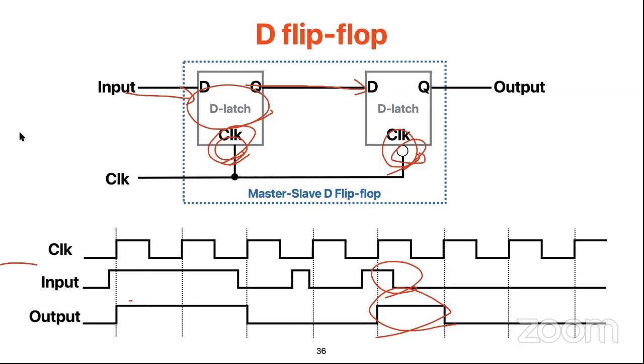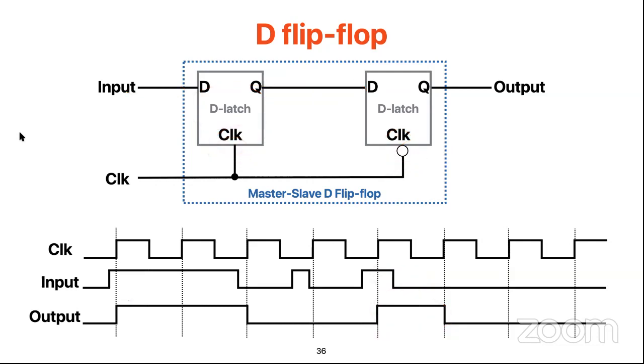Its design is actually a combination of 2 D-latches, and for the clock signal, one of them is working on the positive edge, the other is working on the negative edge, and one D-latch would pass its output to another one, so that they can transfer this knowledge to another guy when my output may be changed. So that's the idea of the flip-flop.